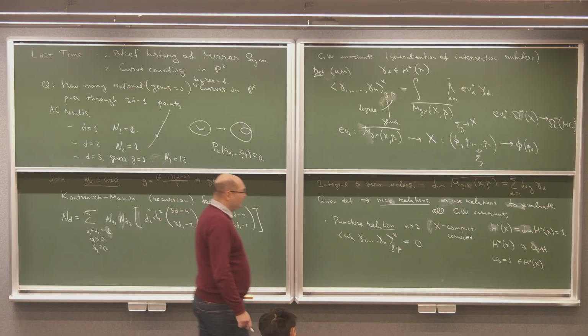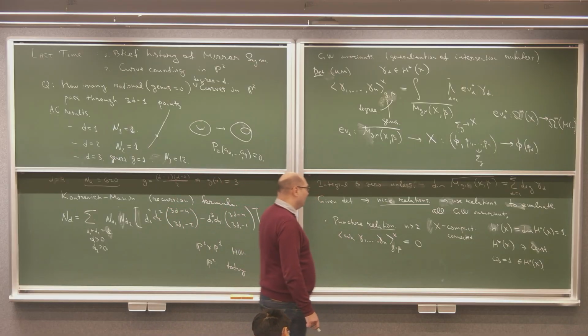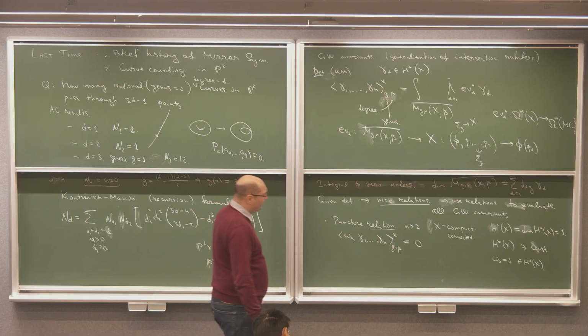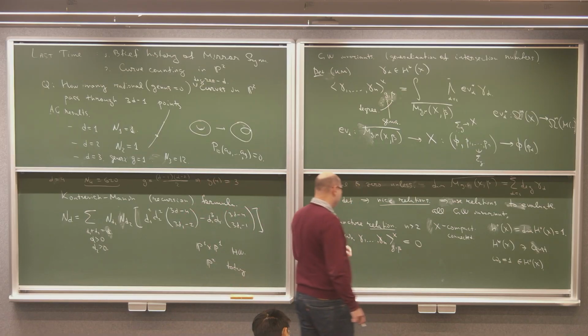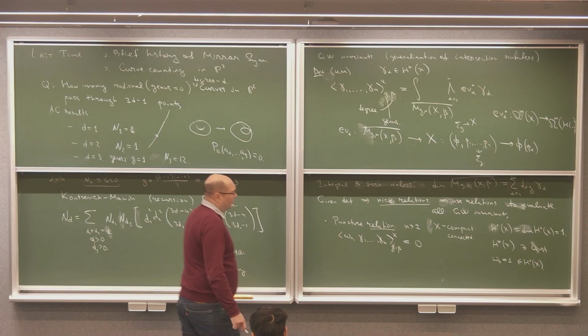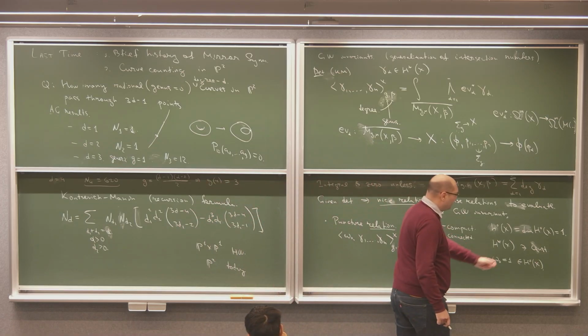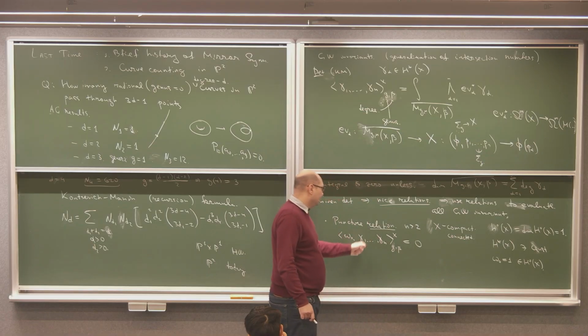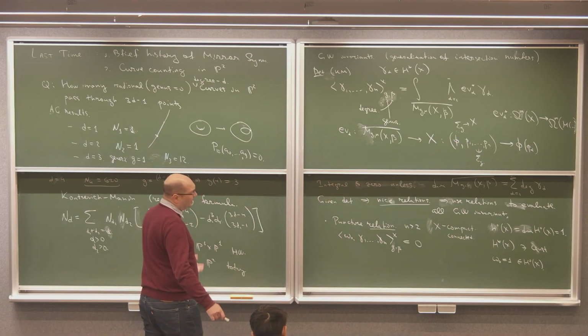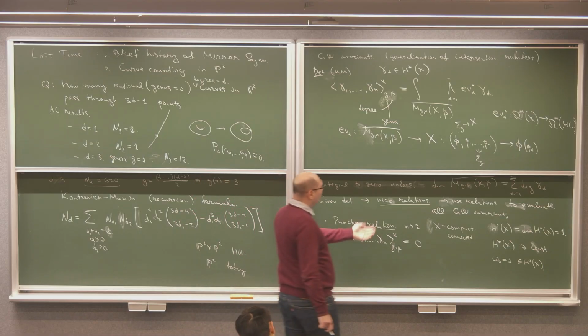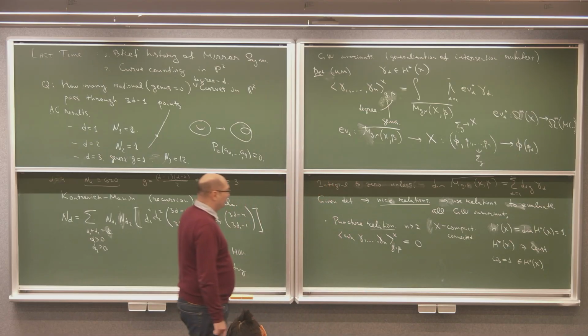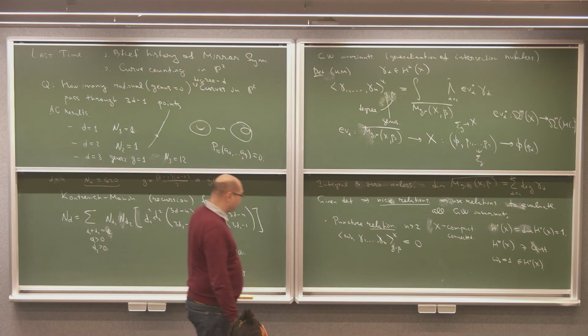But in a special situation when there are no descendants, this relation is extremely simple. It just tells us that if we insert constant forms and we have four or more marked points, then such a Gromov-Witten invariant vanishes.